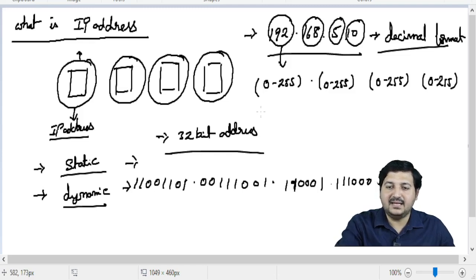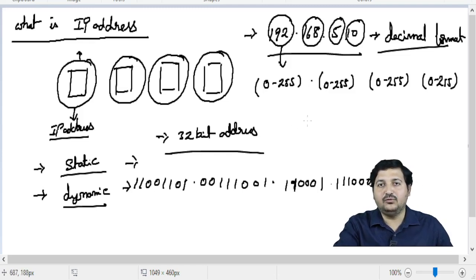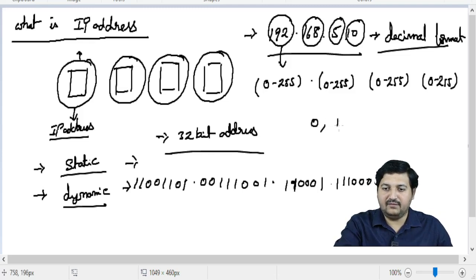Binary means we have only two values: 0 and 1. 0 indicates the off state, 1 indicates the on state.